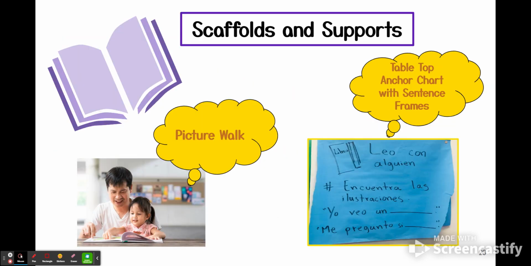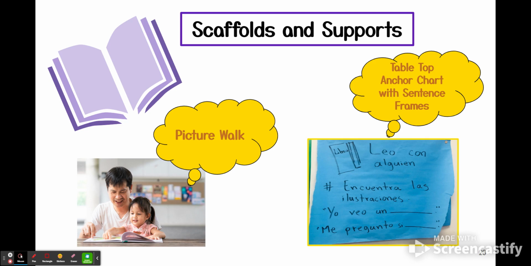And finally, with all of these ways that we are using read-alouds and helping students understand what they're reading and use language to communicate, to speak, and to listen about what they're learning in the book, there are a couple other scaffolds or supports that you always want to keep in mind, even before reading, doing some kind of picture walk where you're looking at the photographs and the illustrations before you even read to help students understand the story.